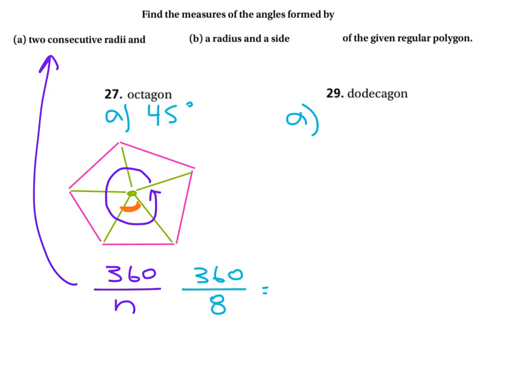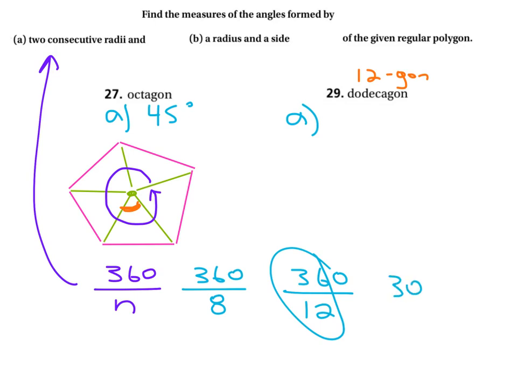Okay, what about for a dodecagon? Well, you might not know what a dodecagon is, and that is a 12-sided polygon. So let's do that for 12. If we did it down here on the bottom again, we'd say 360, now this time divided by 12. Hopefully you can see that 36 and 12 perfectly divide into 3, so that works out to be 30.